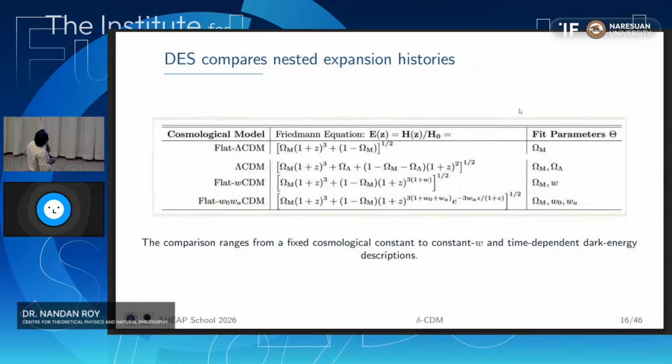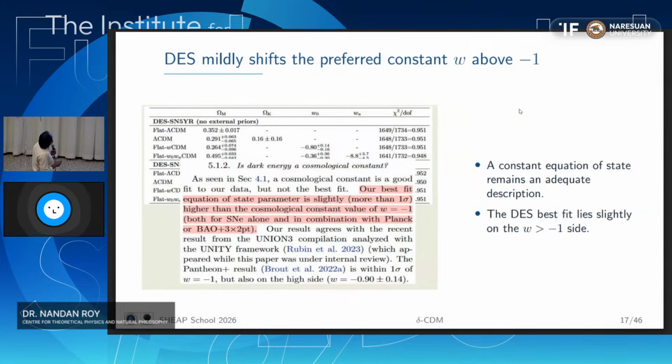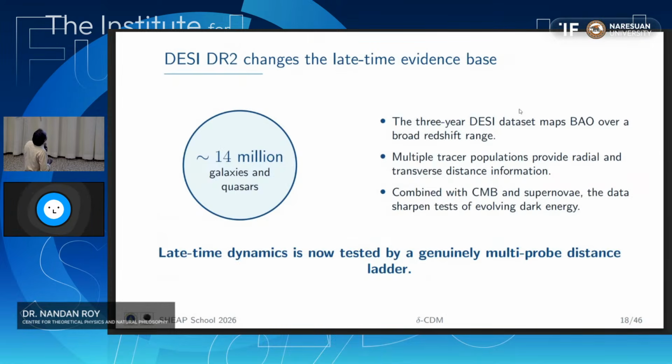They analyzed all these models one by one, and the result I want to mention is that the equation of state they got is a bit higher than lambda CDM. So it's not -1, and they mention that it's more than 1 sigma away, which means you have to consider it statistically. There are some signals.